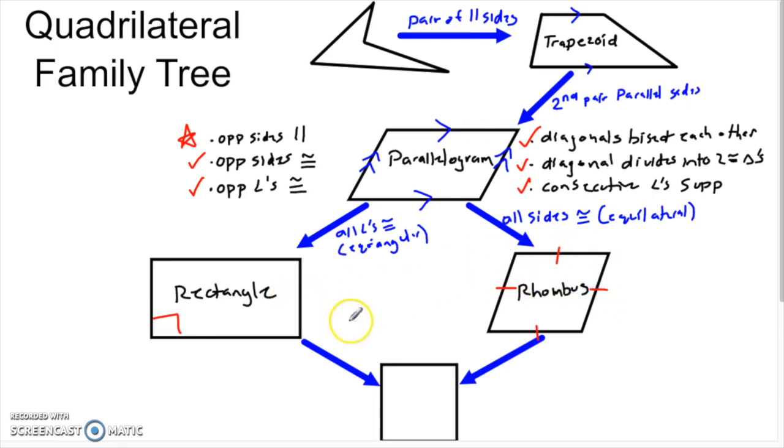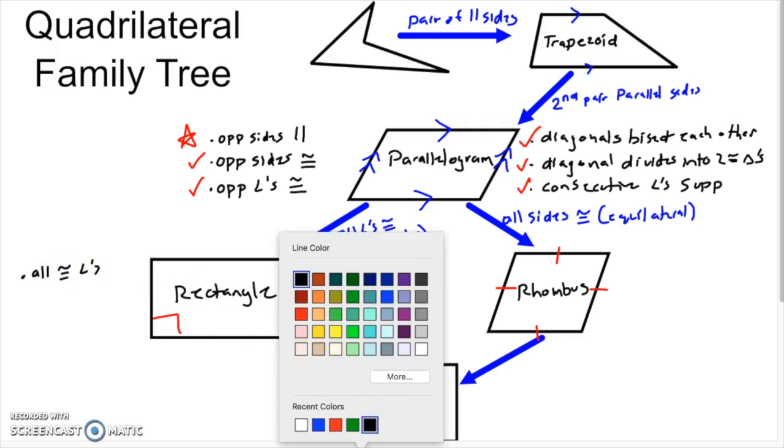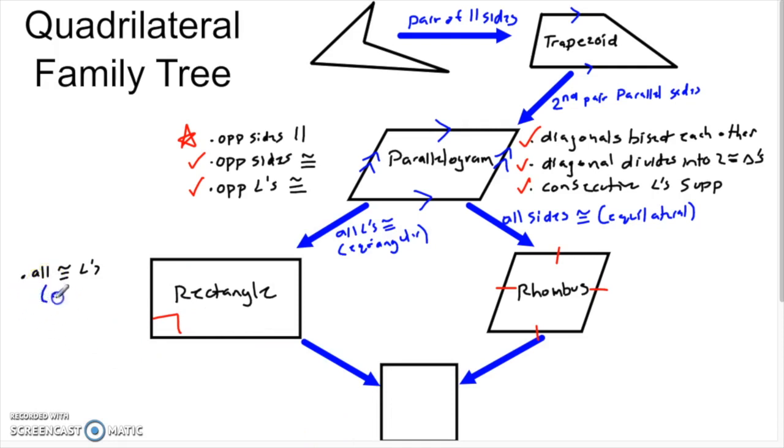So these two shapes are both still parallelograms. They're just more specific versions of a parallelogram. Let's take them one at a time. Over here with the rectangle, we have some new properties. Of course, we have the obvious property that all angles are congruent, so all congruent angles. You can also think about that as just being all right angles. Those are essentially the same property when you're talking about a quadrilateral.